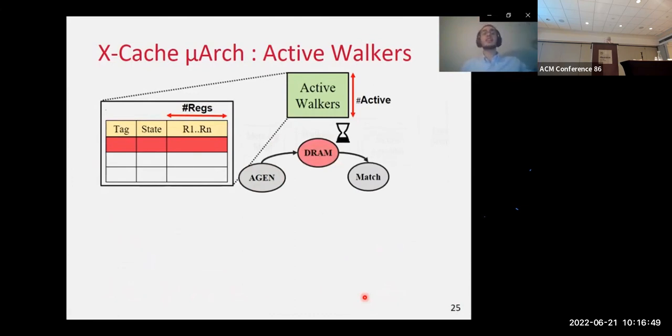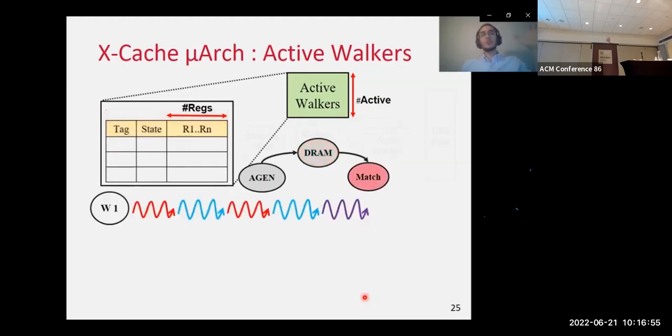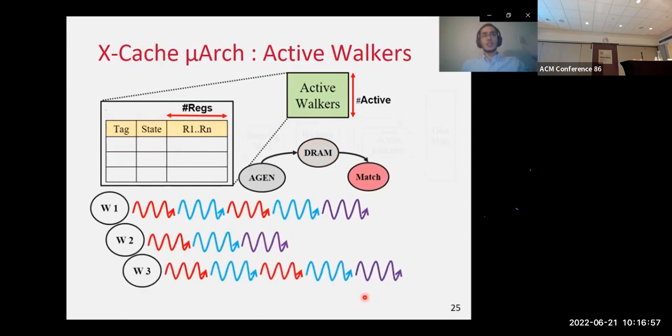When the data is back, we will read that entry and we can proceed from that point on. So this also helps us by having a table for active walkers to maintain multiple walkers at the same time.